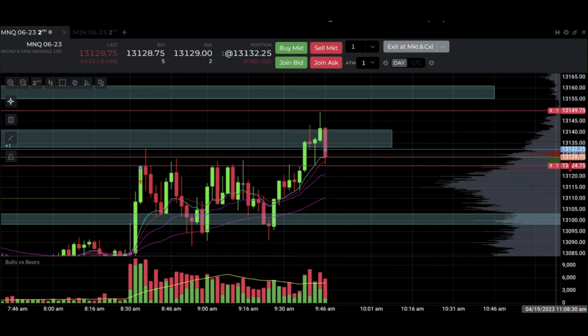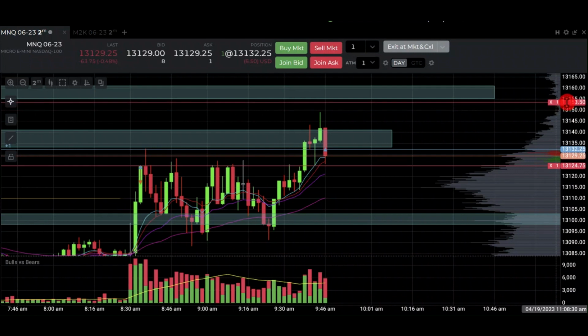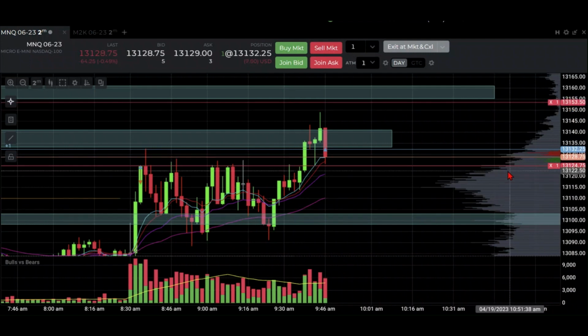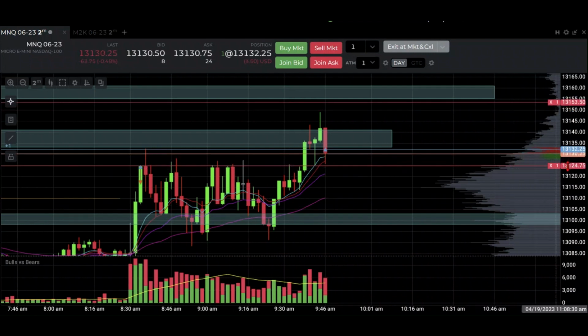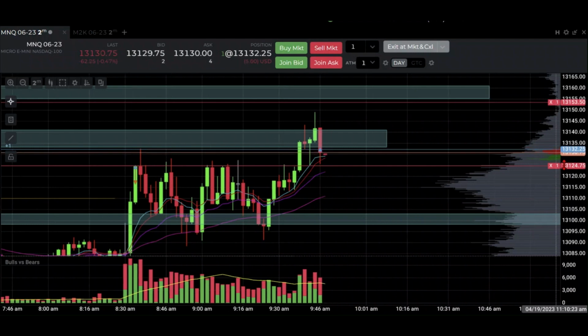But now you see that we went long. These are red instead of green. So when they're green, we're going to be buying back our position because we're short. When they're red, we're going to be selling our position because we're long.